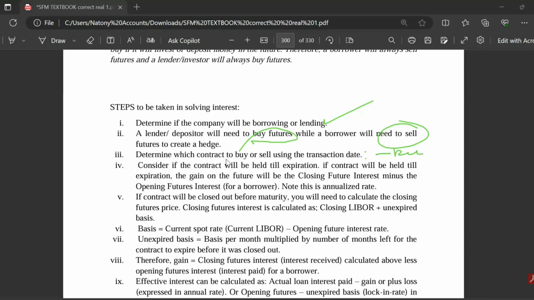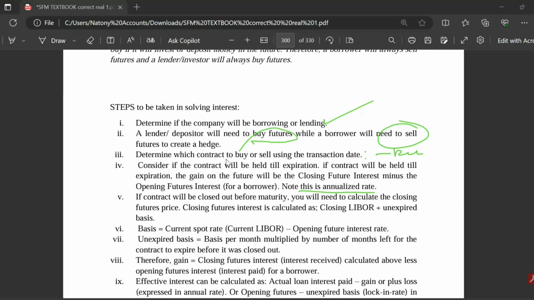The next step is to consider if the contract will be held till expiration. If the contract will be held till expiration, the gain on the futures will be the closing futures interest minus the opening futures interest. For a borrower, that's looking at the annualized rates.